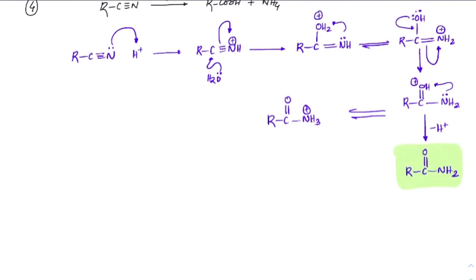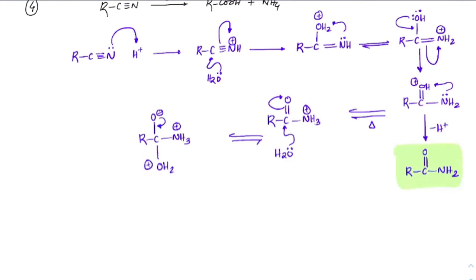Or in acidic medium, if you continue heating that, got it, we will see that nitrogen will take away this H plus and it will form this NH3, which is a good leaving group now. So water would attack again. You can see that this is also SN2D to get RCO minus NH3 plus OH2 plus. Right.